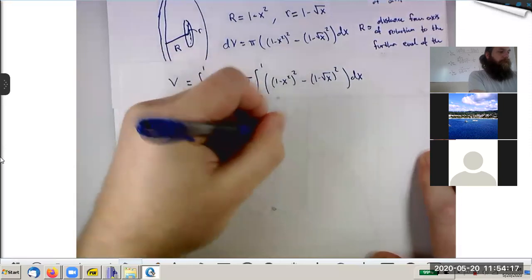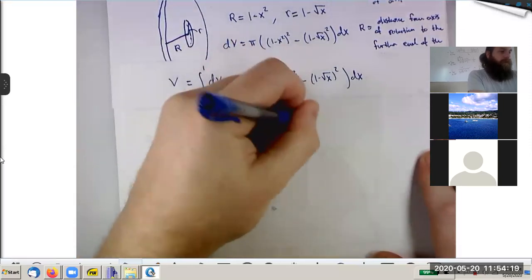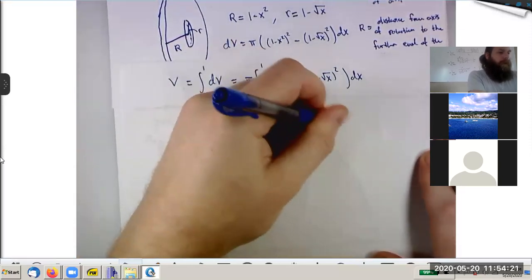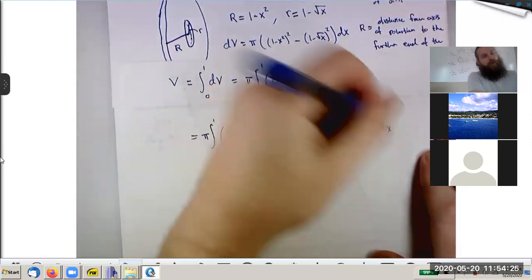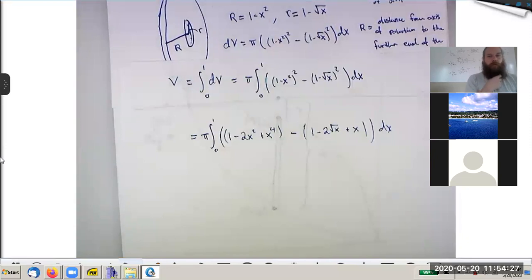That's that first thing FOILed out, minus 1 minus 2 root x plus x dx. That's just multiplying out those squares, or squaring out both of those binomials. Are there any like terms there? Just the constants, right? So we can combine those.